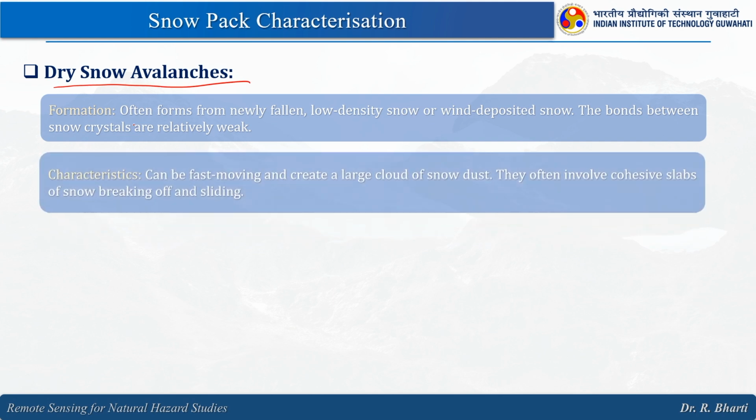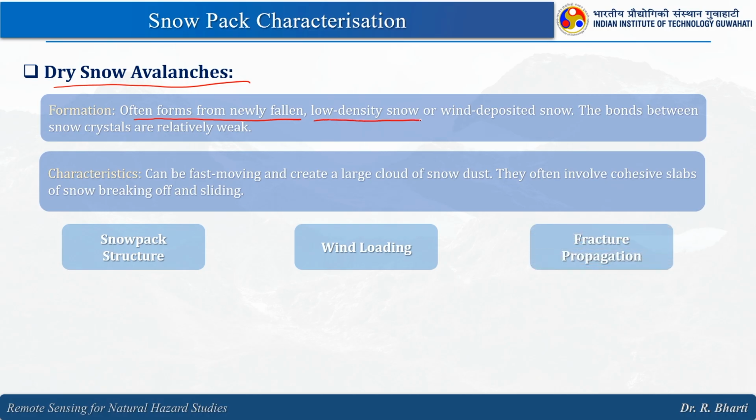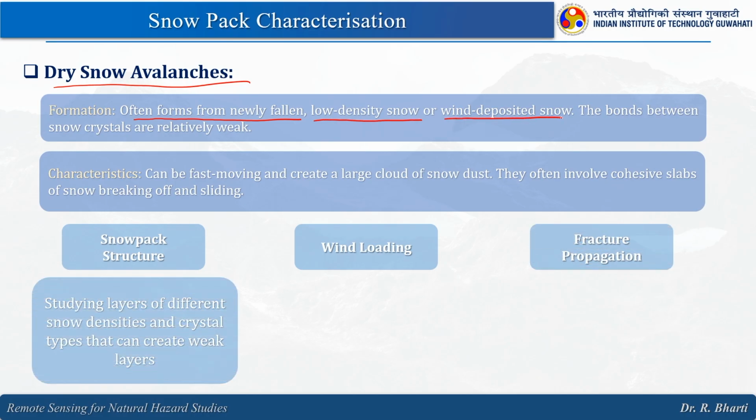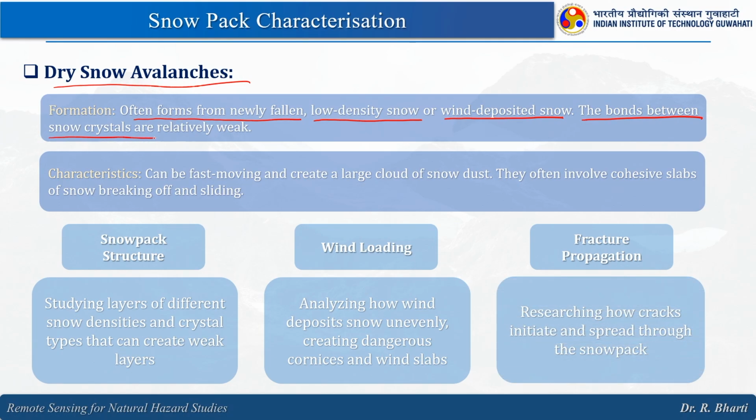So, the formation, let us understand: it often forms from newly fallen low density snow or wind deposited snow, right. The bonds between crystals are relatively weak, and the characteristics: it can be fast moving and create a large cloud of snow dust. They often involve cohesive slabs of snow breaking off and sliding.